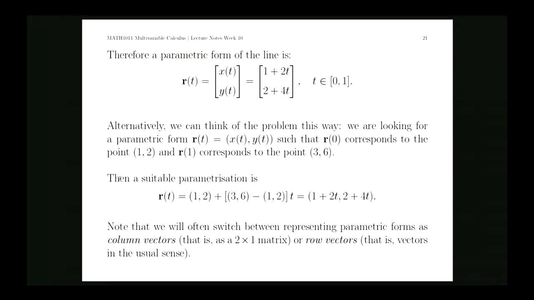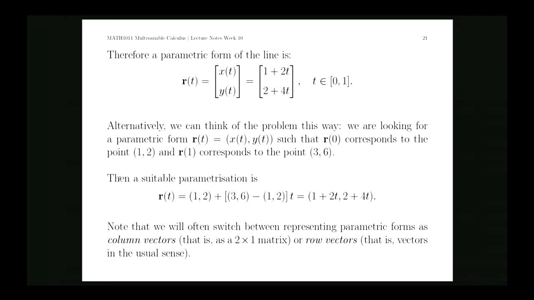Now, an important thing to note, especially when you're following along with textbooks or you look for some problems on Google, is that when we're doing integrals with vector valued functions, we often switch notations between column vectors and row vectors. Those of you doing 1012 will already be familiar with this.